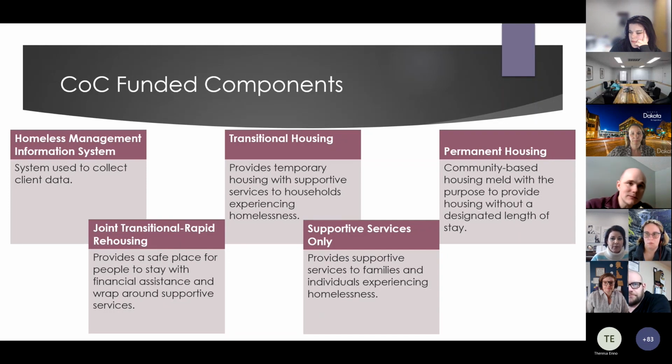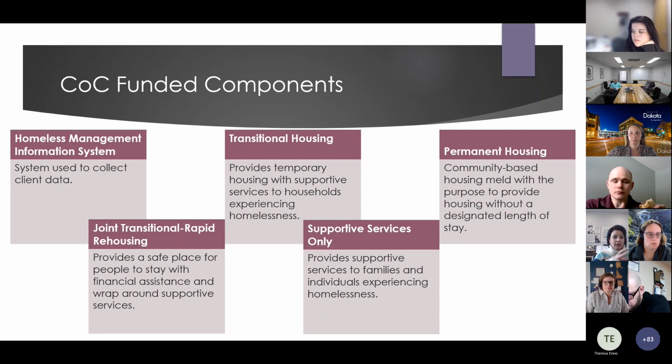Joint Transitional Rapid Rehousing was a new component that HUD added in 2017, and it provides a safe place for people to stay in transitional housing, with wraparound services and financial assistance. That's all determined by the client; it's all client choice. And then it's to help them move to permanent housing as quickly as possible.